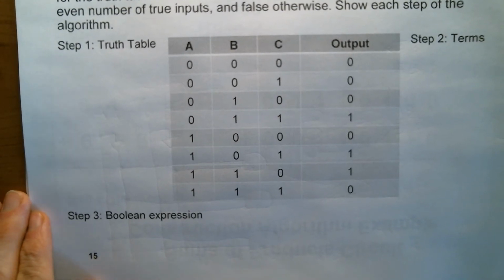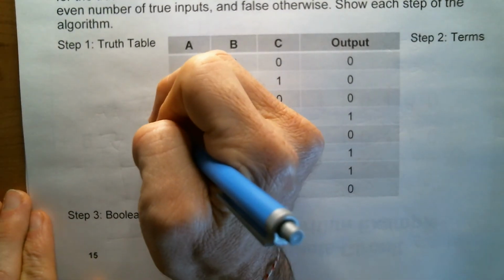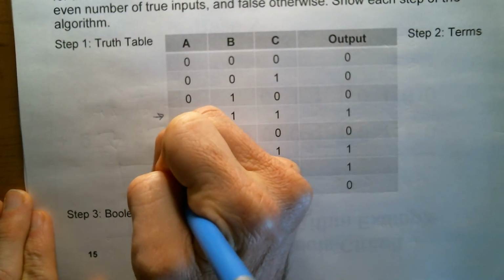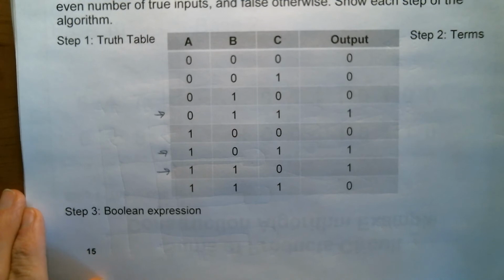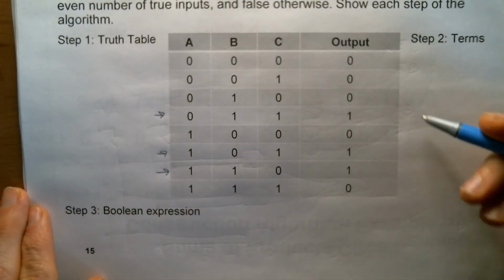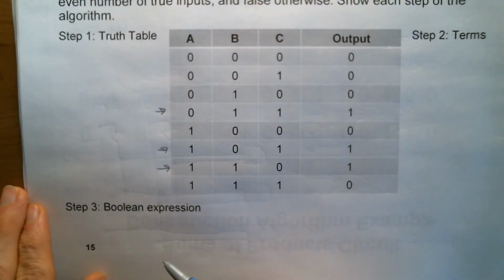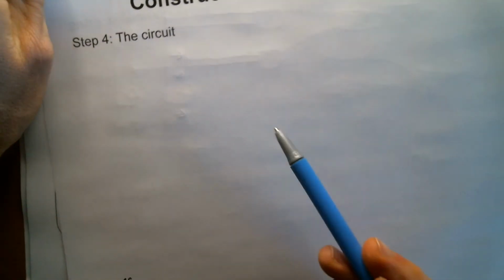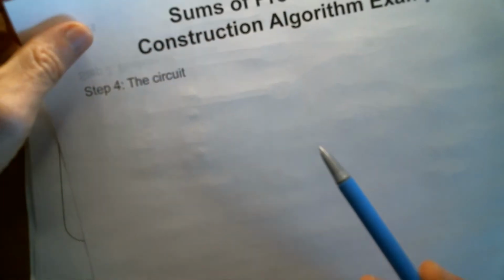The jump start that I'll give you is that the 3 rows that you need to make expressions for are this one, this one, and this one. So make your expressions, put them over here. These are your individual terms. OR them together. Draw your diagram. Okay? So give it a shot and let's see how it goes.